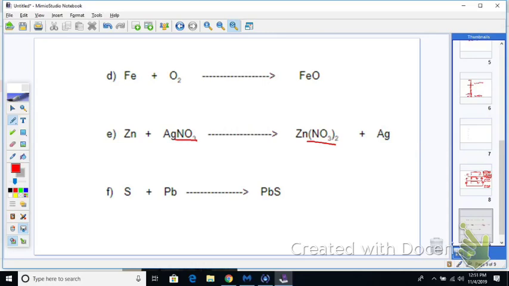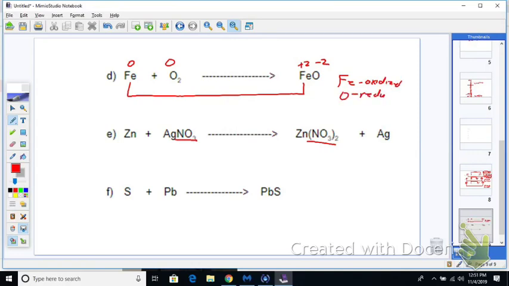So if you did this right, 0, 0, plus 2, minus 2. Fe, oxidized. O, reduced. Questions? Got them?